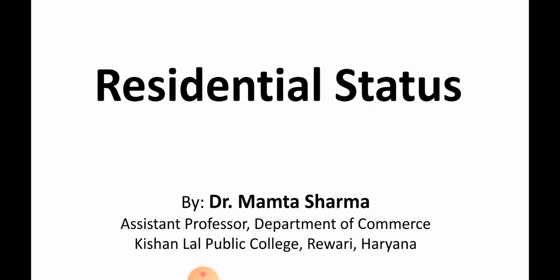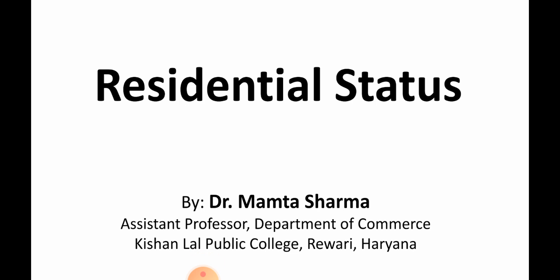This is our third lecture on residence and tax liability. In our previous two lectures, we have discussed the rules regarding determining the residential status of individual and various other persons.